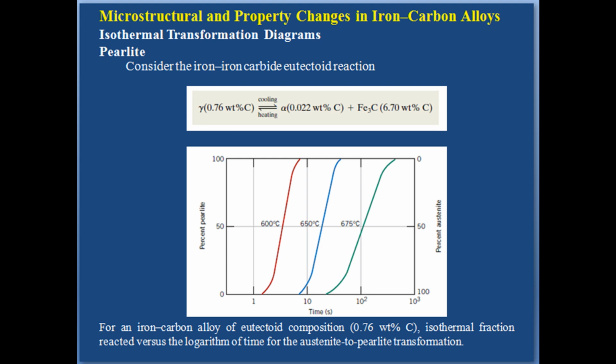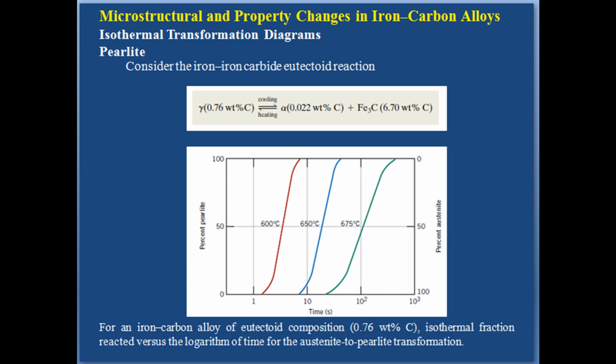Temperature plays an important role in the rate of austenite to pearlite transformation. The temperature dependence for an iron-carbon alloy of eutectoid composition is indicated in the figure, which plots S-shaped curves of the percentage transformation versus the logarithm of time at three different temperatures.